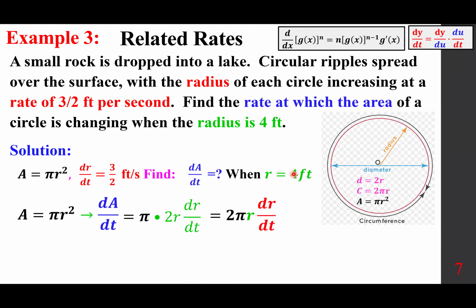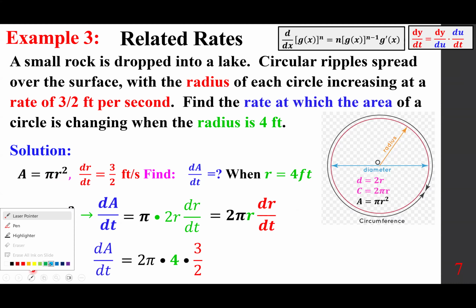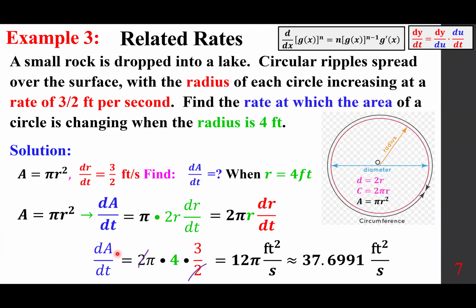Replace the r with 4, dr dt with 3.5. We get 12 pi. Units of area, square feet over units of time, second.